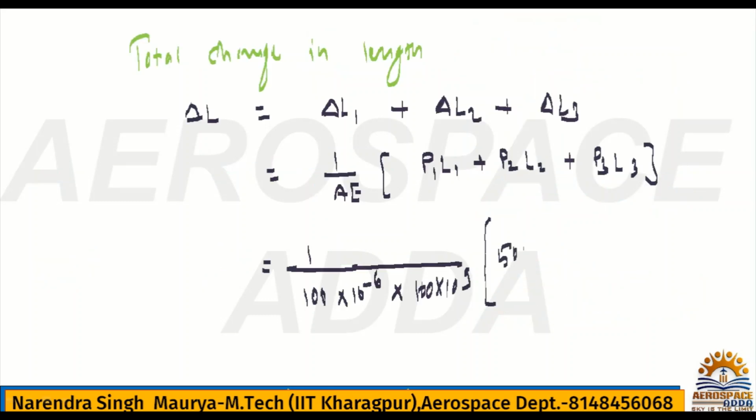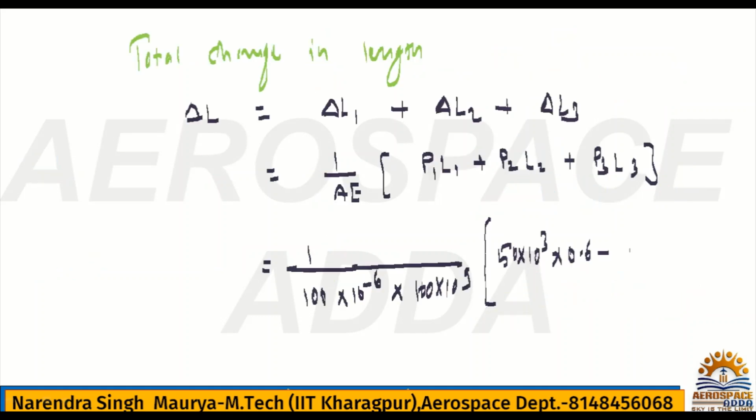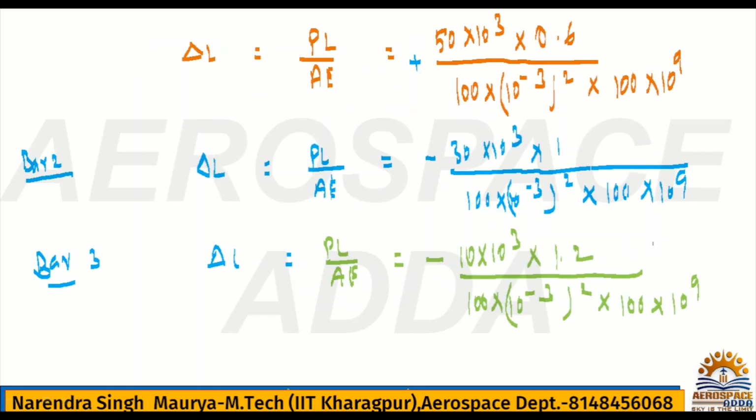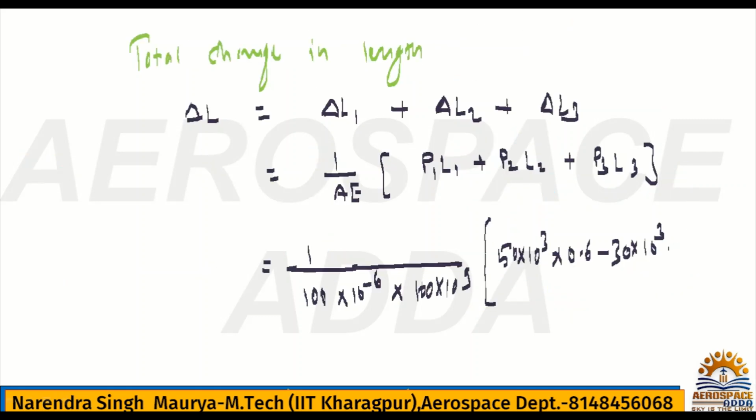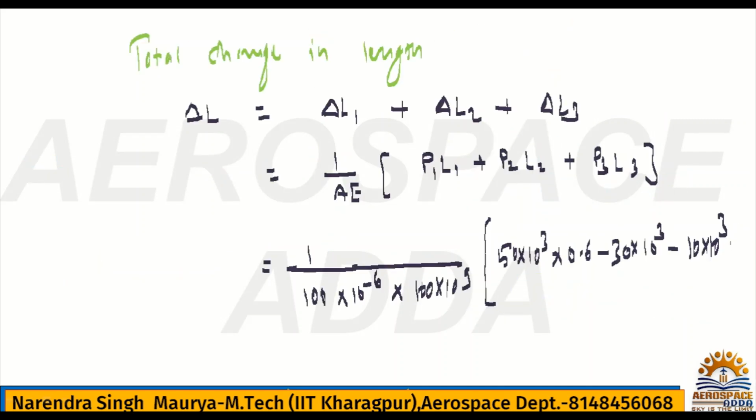Next, the second bar P2 L2 will be negative: 30 into 10 to the power 3. Third is again negative: minus 10 into 10 to the power 3, and the length is 1.2.